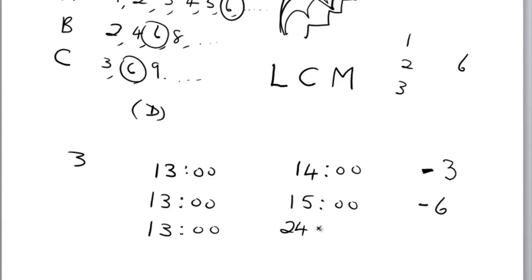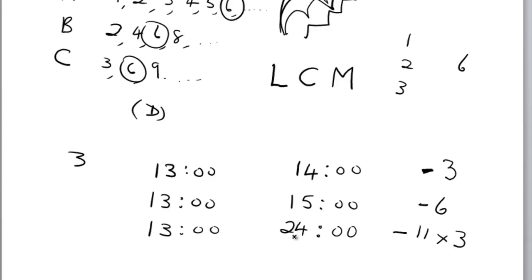So by the time it gets to midnight, say, this clock is losing 3 minutes per every hour. That's 11 hours. So you're going to have to take away 11 times 3. That's till midnight.